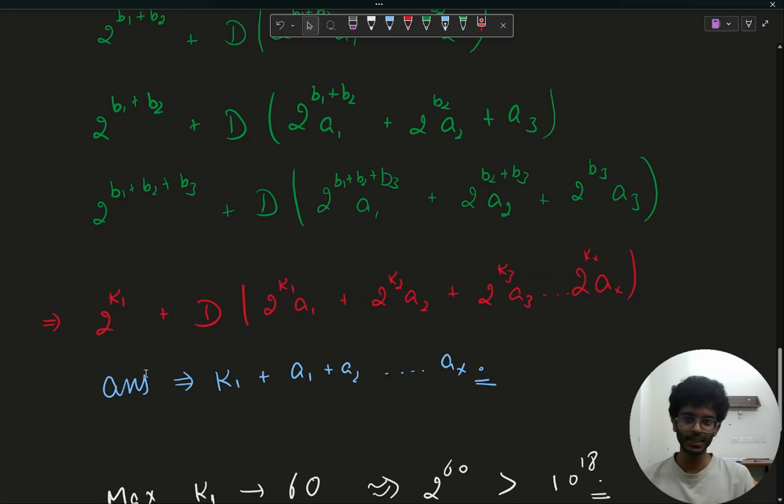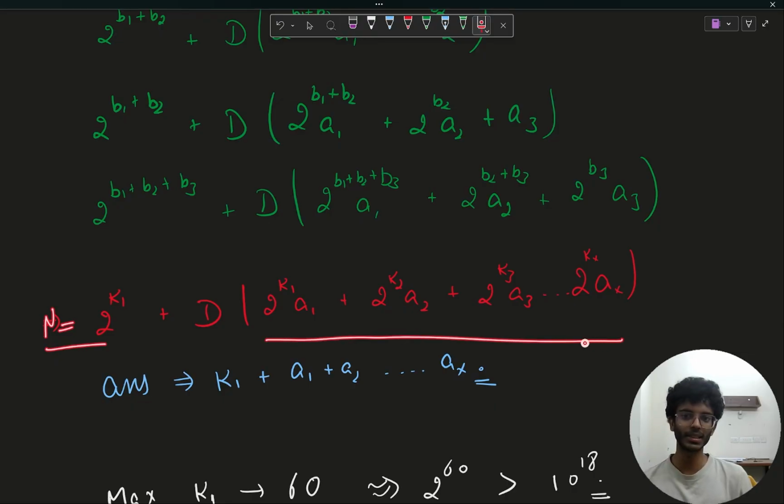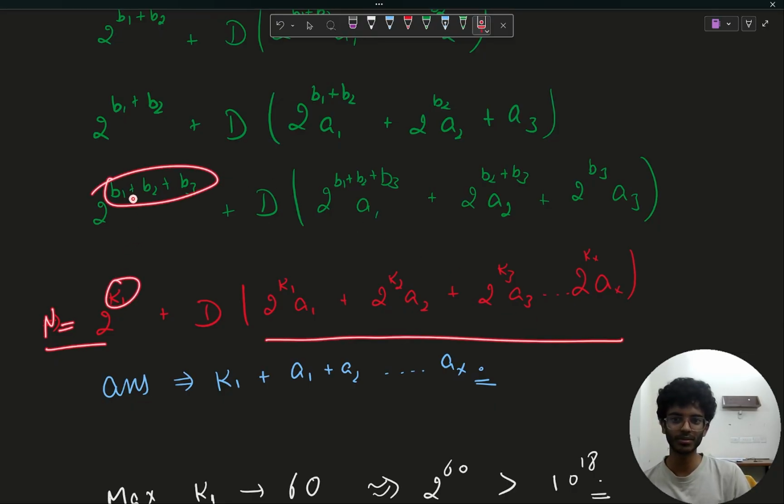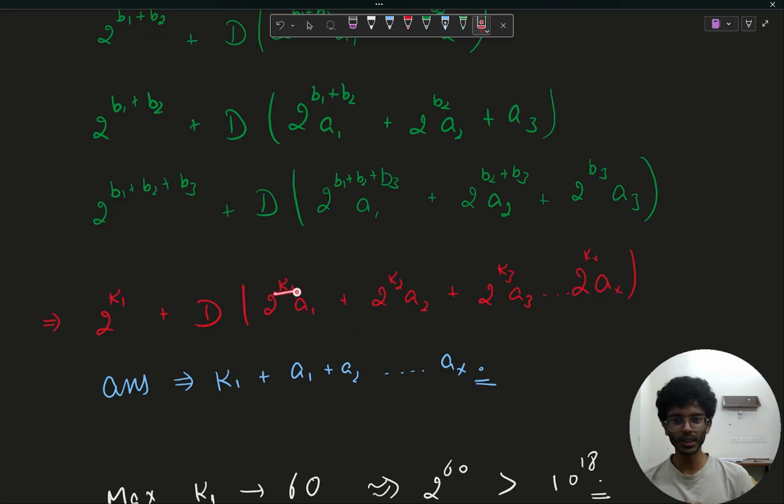Now we can easily see a pattern, and can we say that in the end our n would look something like this, where k1 is the sum b1 plus b2 plus b3 and so on, and over here we have k1, k2, k3, kx, and so on. What is the number of steps we require? The answer is going to be k1 plus a1 plus a2 plus dot dot dot ax.